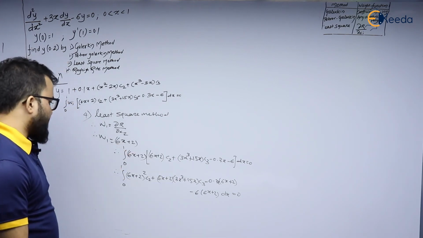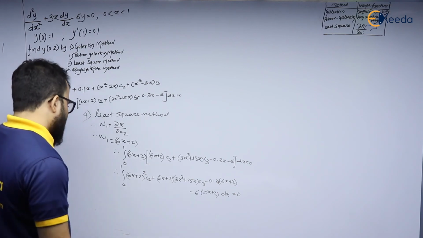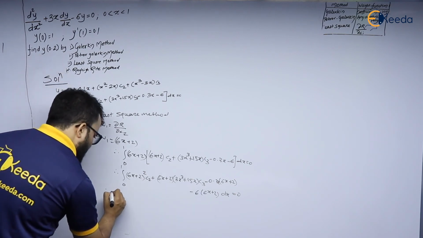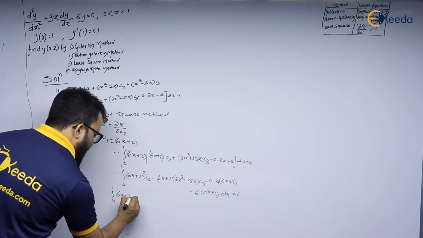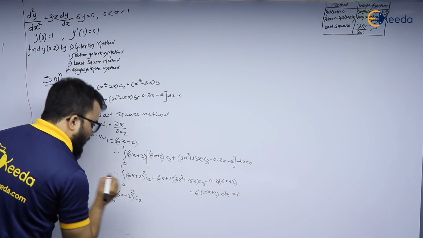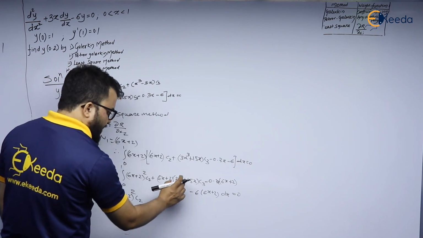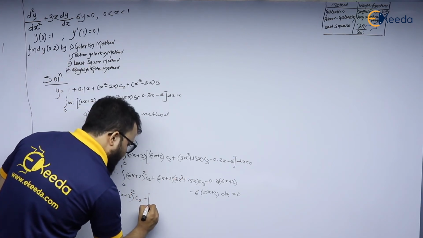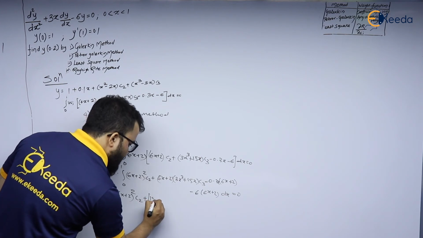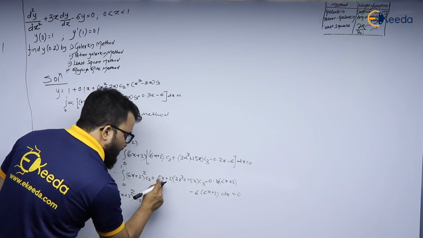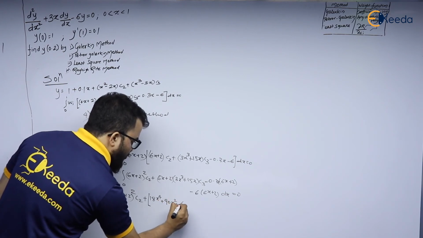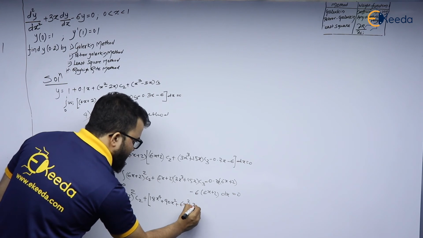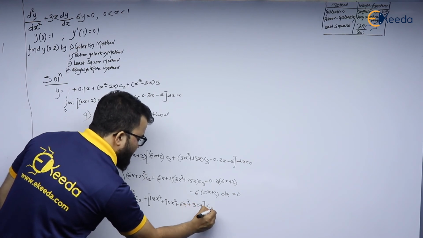After that I will do the integrations. If I solve this bracket, I will get the integral from 0 to 1, and I will treat this as it is. I will multiply these two brackets. After multiplying I will get 6x into this will be 18x raised to 4, 6x into this will be 90x square, plus 2 into 6x cube plus 30x, into C3.